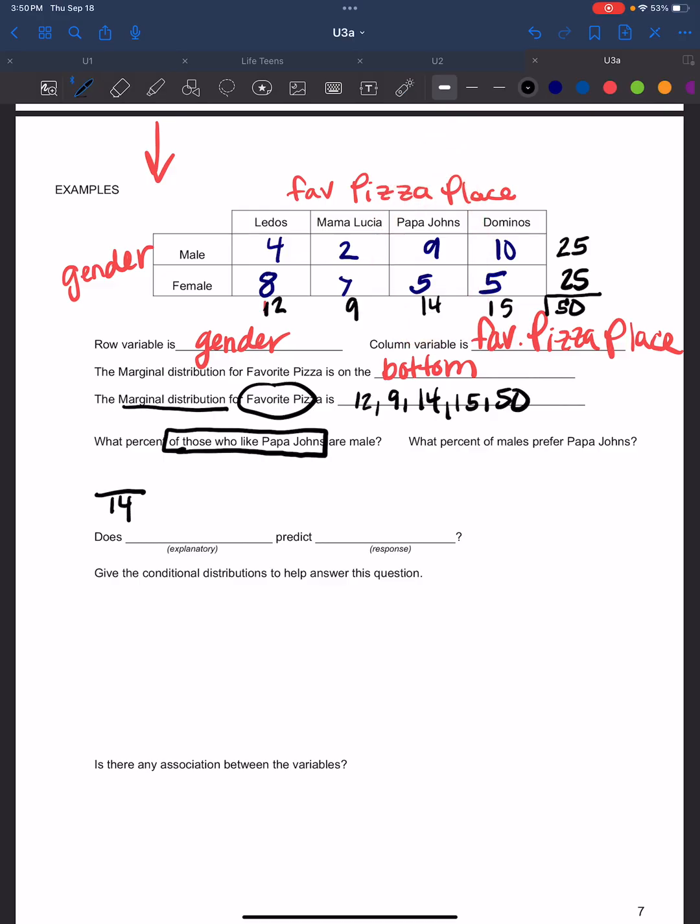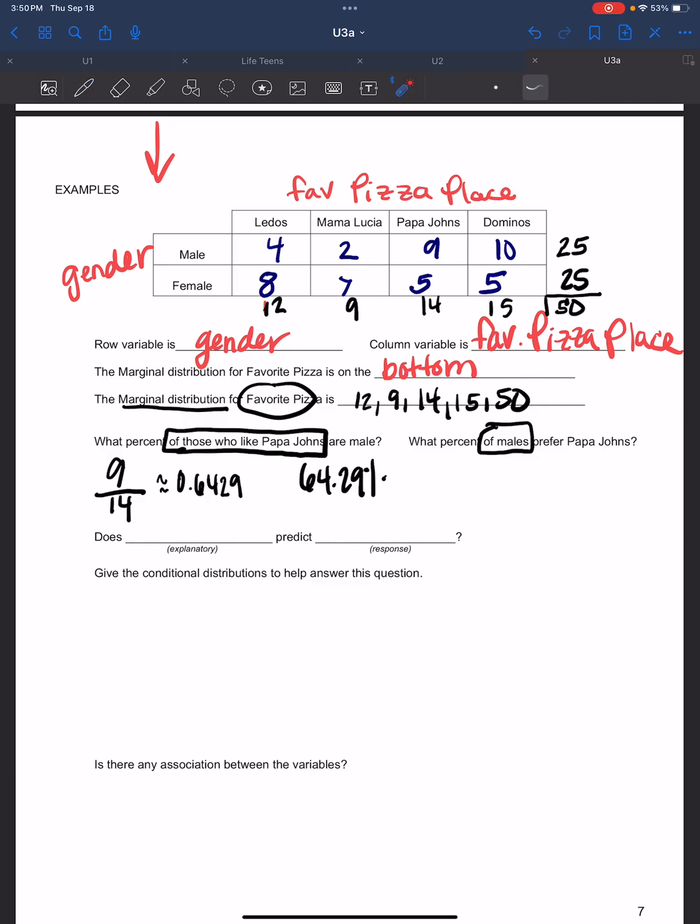Only 9 out of the 14. So we've got 9 divided by 14, which is 0.6429. If we change that to percent, it would be about 64.29% are male.